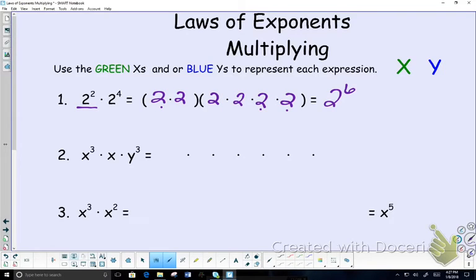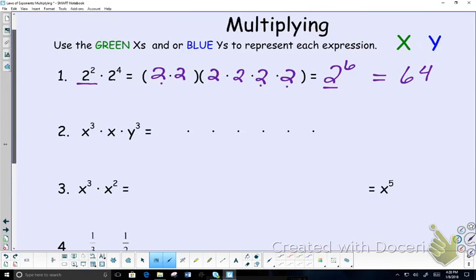Do you agree? Now, when you do 2 to the 6, I don't ever really want to leave these. When you have a number like this, you can go ahead and work that out. This one you could just plug into your calculator, which would be 2 to the 6th is 64. Doesn't always work out that way, but sometimes it will. So then let's look at this next one. I've got x cubed.